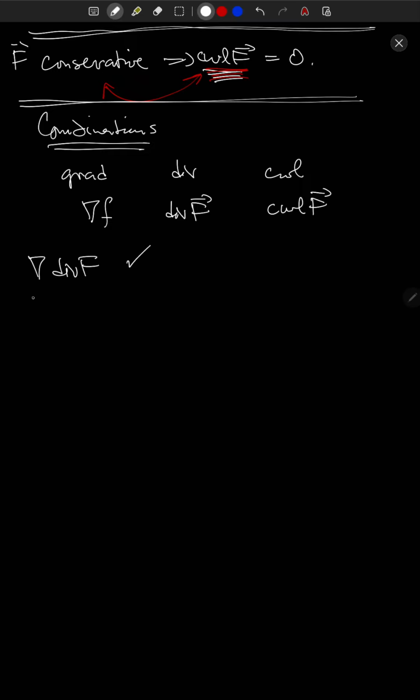Okay, next, let's talk about the divergence. So the divergence of a gradient. Can you do that? Yes. Divergence of a gradient is legal because the gradient of a function is a vector field, and you're allowed to take the divergence of a vector field. In fact, when you do this, you start with a function. After you do the gradient, you have a vector field. After you take the divergence, you have a function again. So this guy is a function.